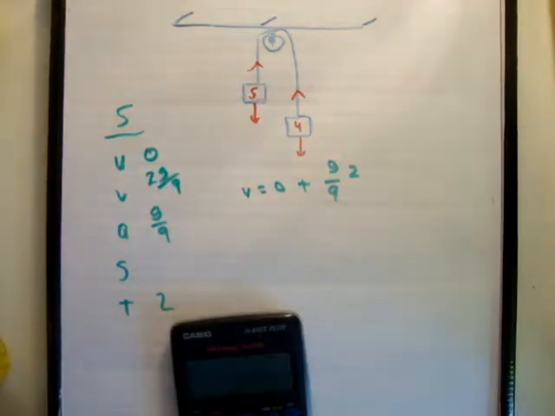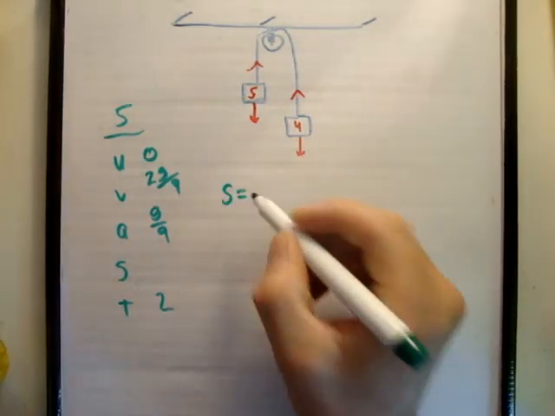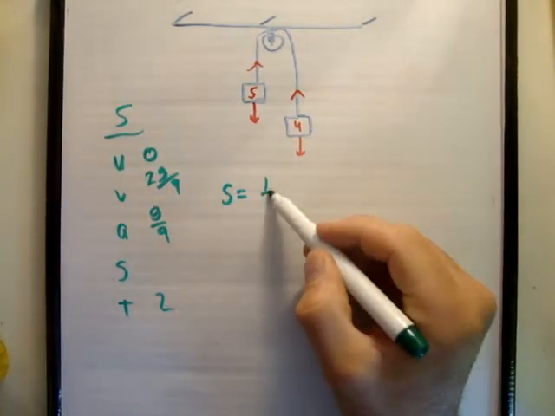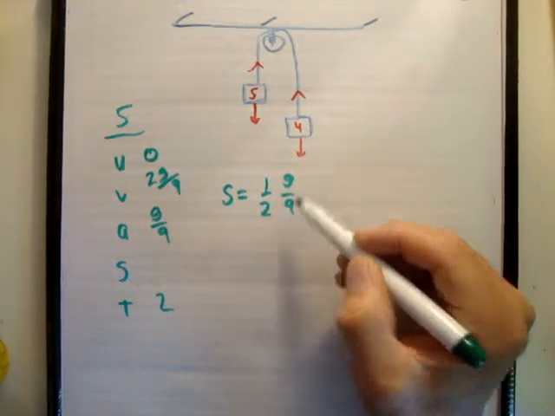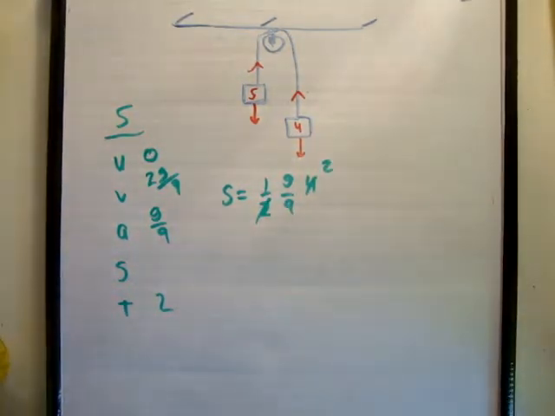That's pretty straightforward. And if you want to get the distance, we're going to use ut plus a half at squared. So s is equal to ut plus half g over 9 t squared, which is 4. Is that right? Something missing there.